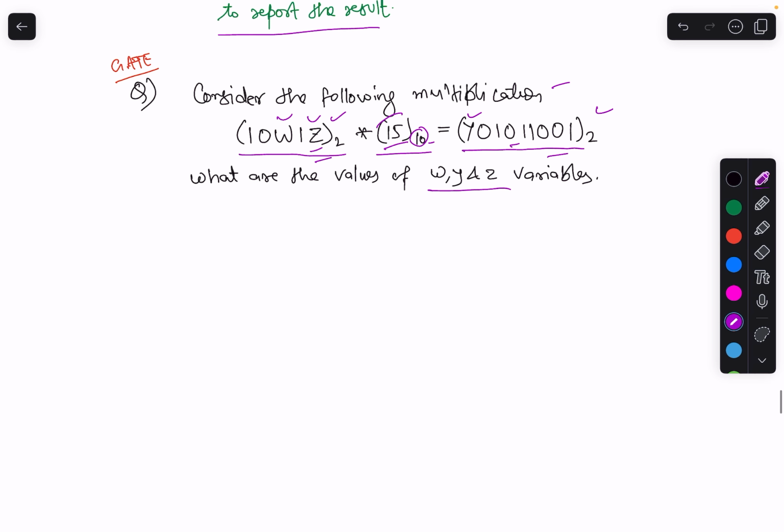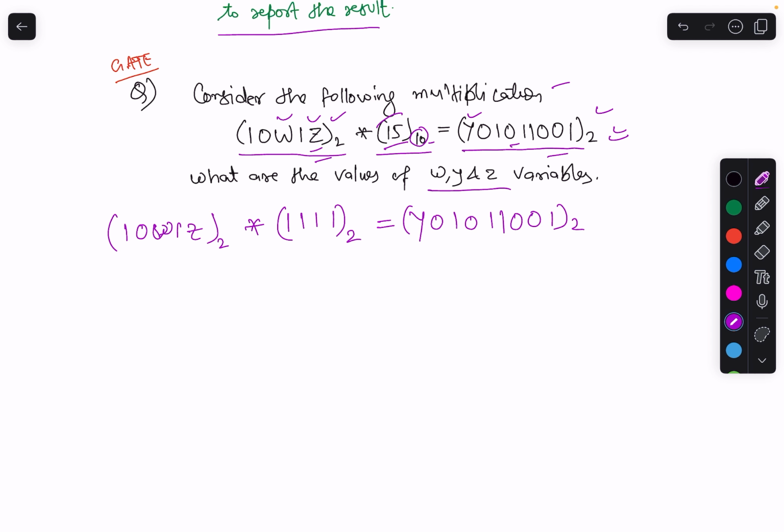So let's solve this. We can rewrite this as 10w1z base 2 into 1111, so the binary of 15 is 1111, base 2, is equal to y01011001 base 2. Now everything is in binary.